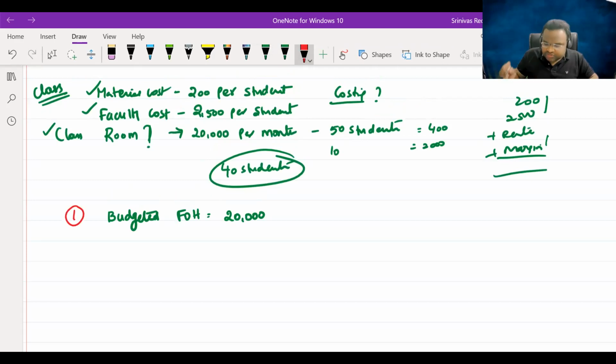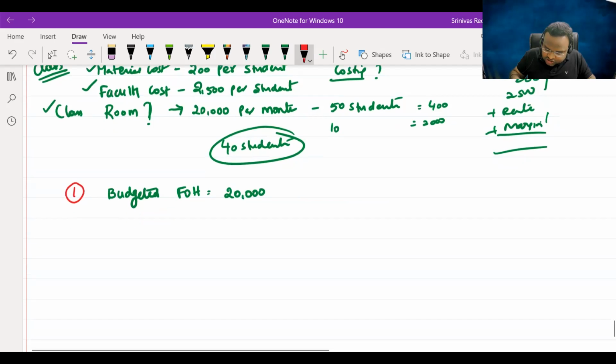This is the first concept. It will be given directly in the question. You need not work it out. What is my budgeted fixed overhead? That is rent. How much I need to pay? 20,000. Now I will think, okay, from each student how much should I recover?